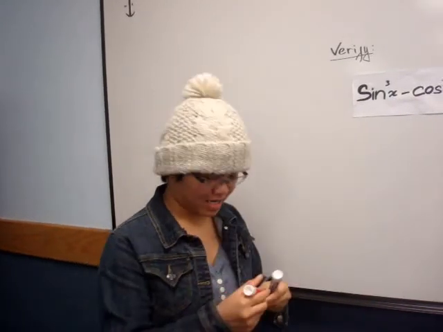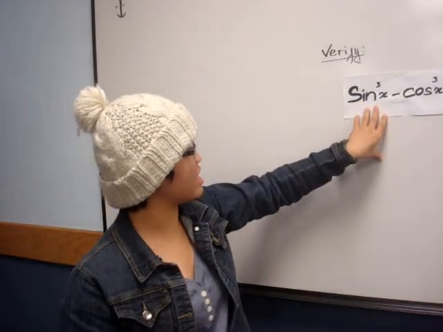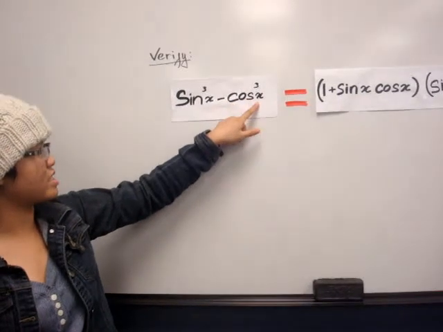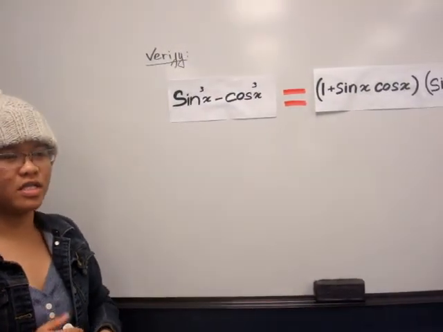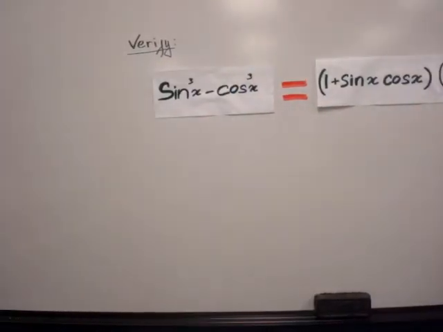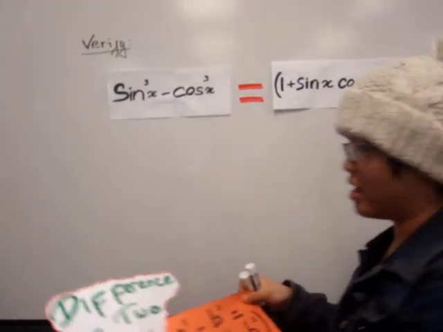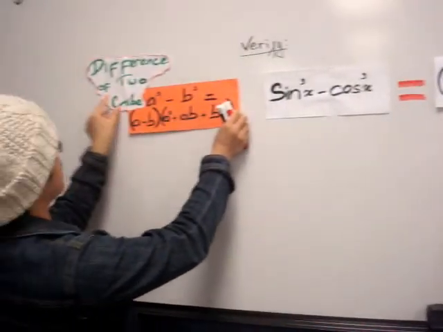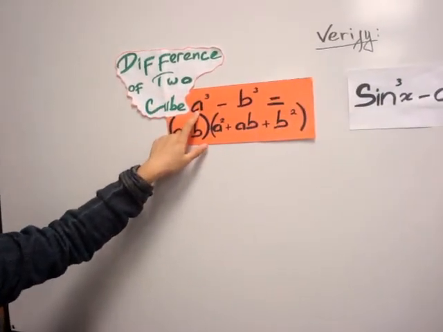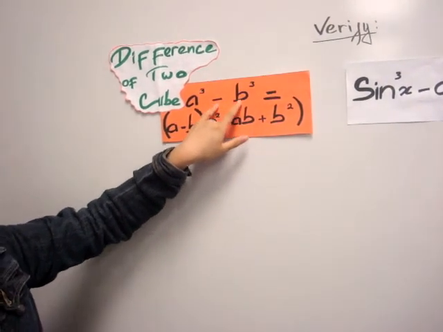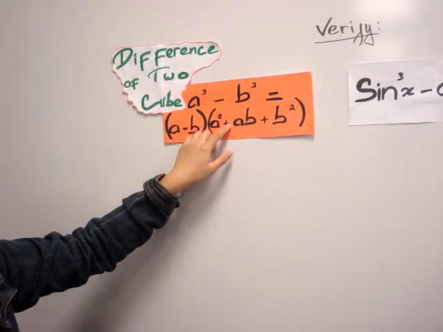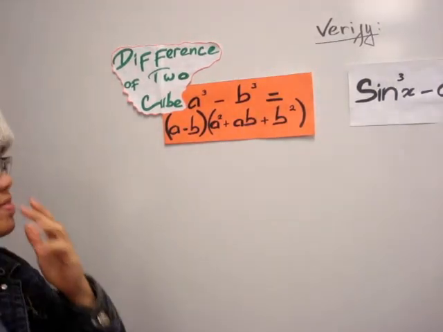I want to do it this way because I think it's easier for me and also for you guys to understand. The first thing we can see is that sine cubed x minus cosine cubed x is a formula. This is the difference of two cubes, and the formula for the difference of two cubes is a cubed minus b cubed equals a minus b times a squared plus ab plus b squared.